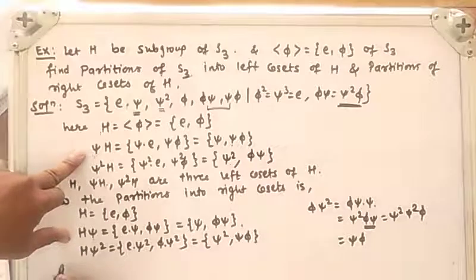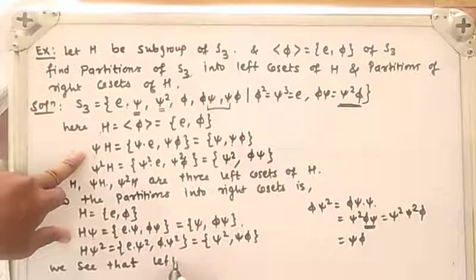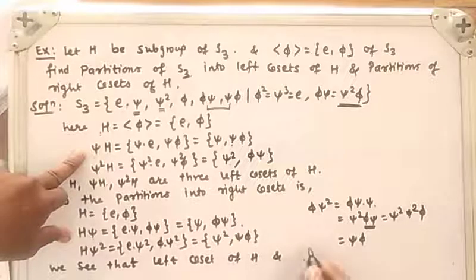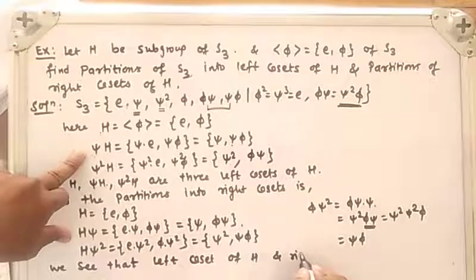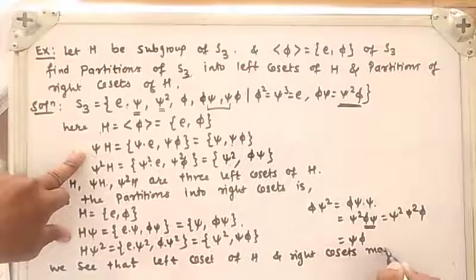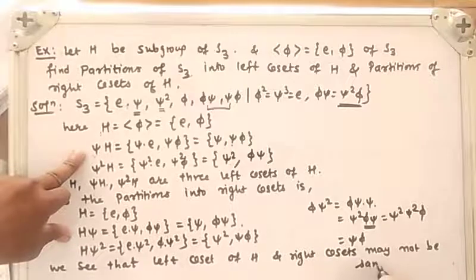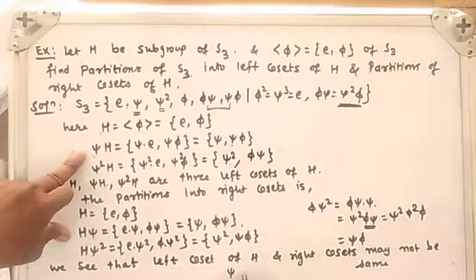So here we see that left cosets of H and right cosets may not be the same, because here psi H is not the same as H psi.